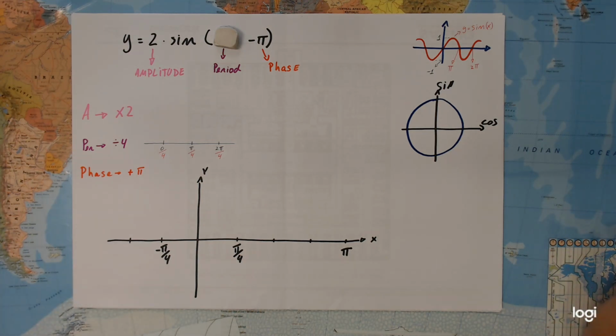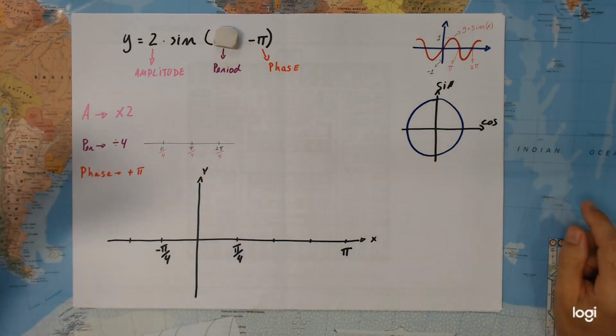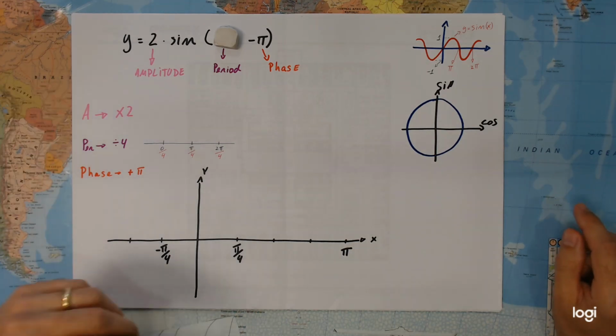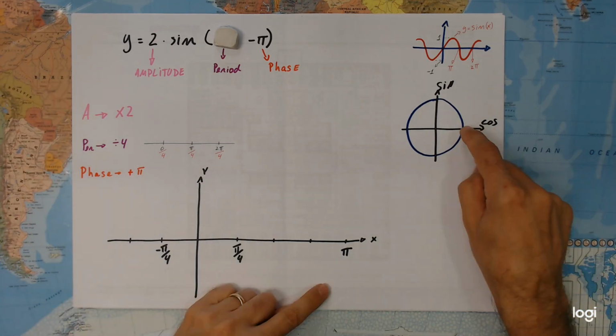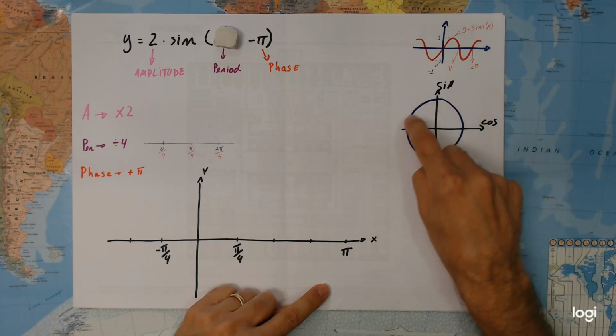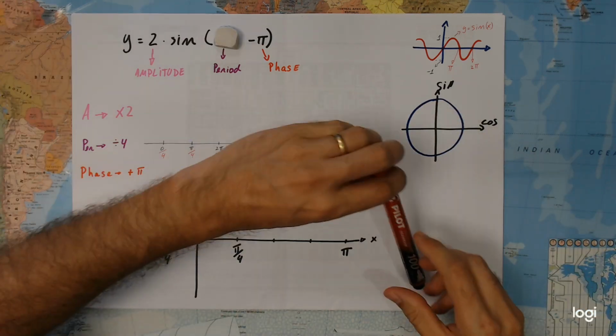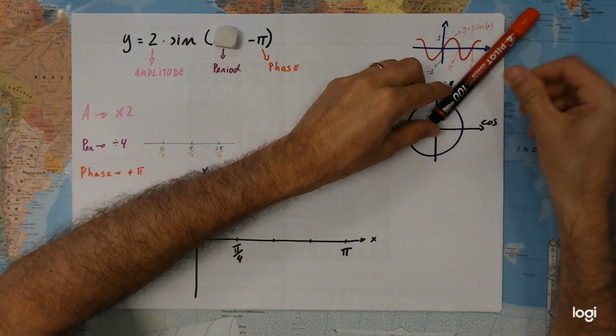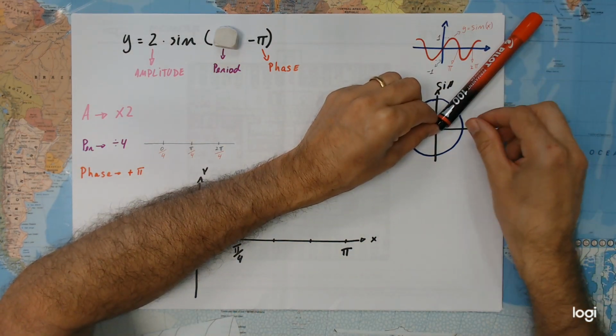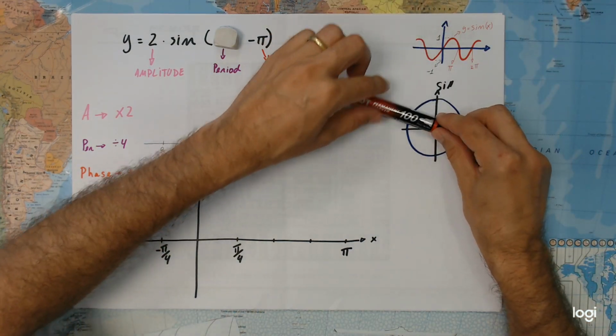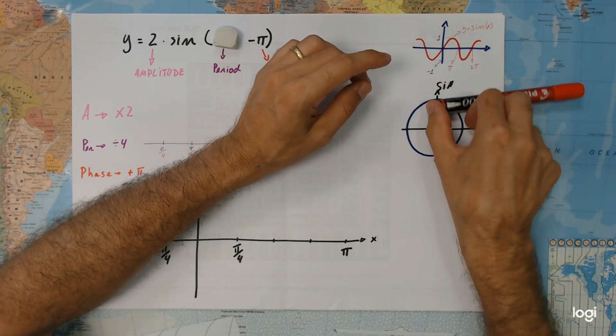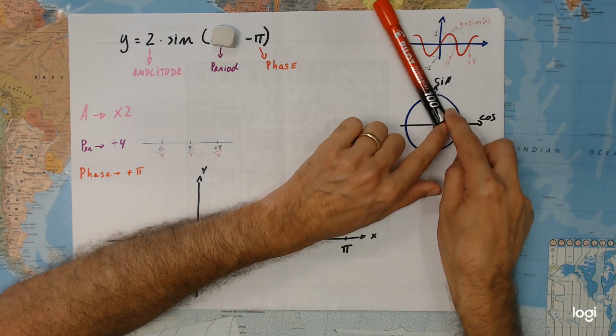And what is minus pi? Remember how we count angles. Angles, we always go counterclockwise, okay? So this is going to be 0, this is going to be 45, 90 degrees, and so on. Angles grow in this way, okay?